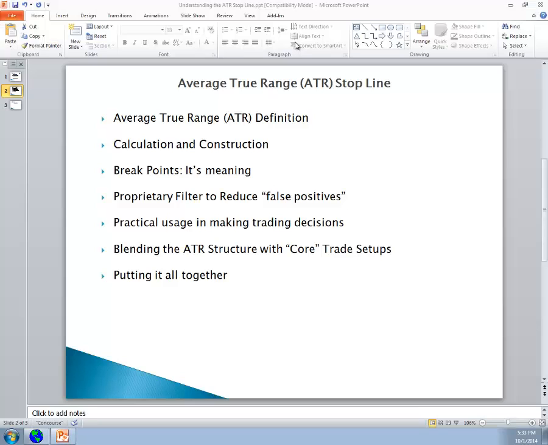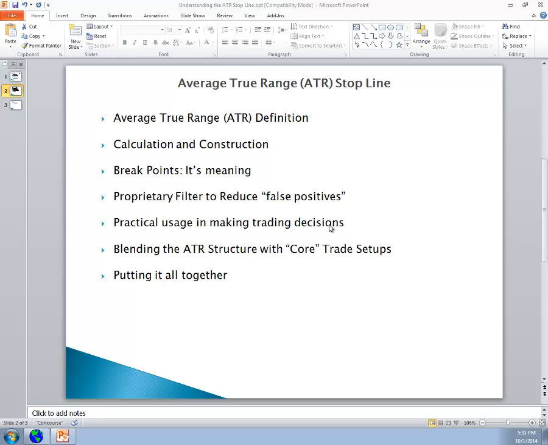Before we get back to the charts, we went over the practical usage of making some trading decisions just using the ATR line in and of itself. We saw that a pullback to the ATR line can offer us an opportunity to enter at or around that ATR line itself.